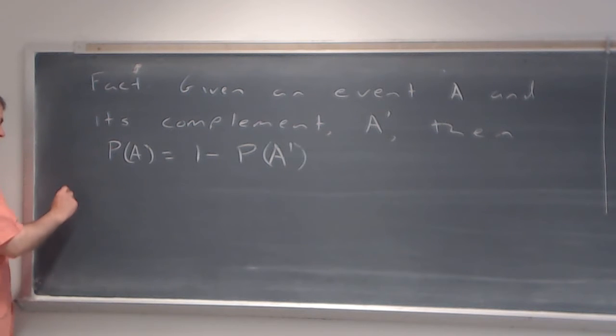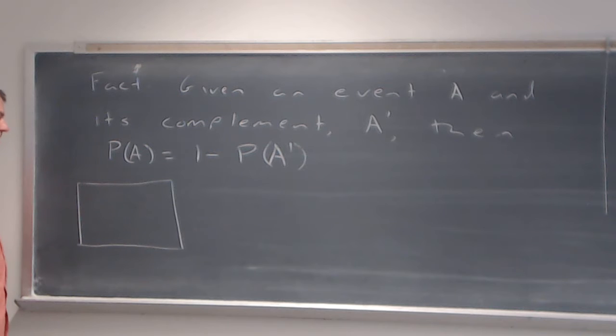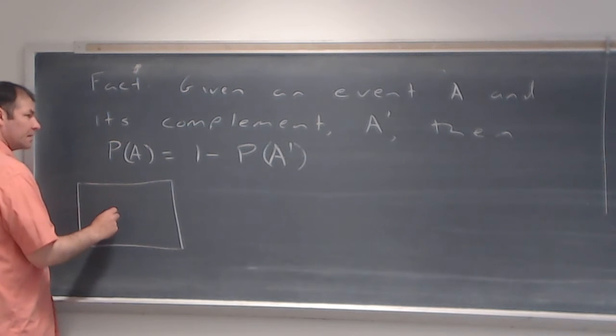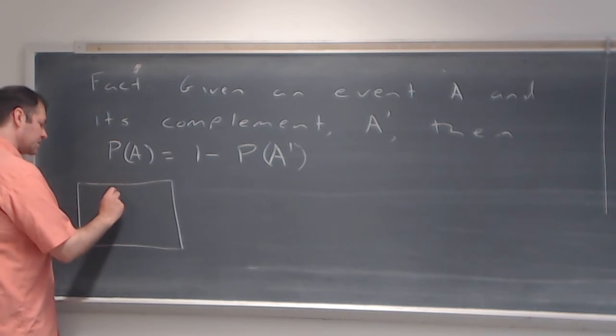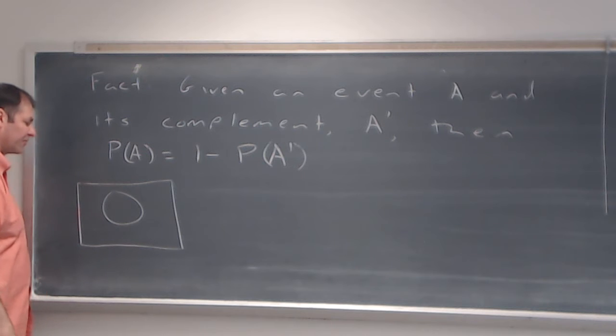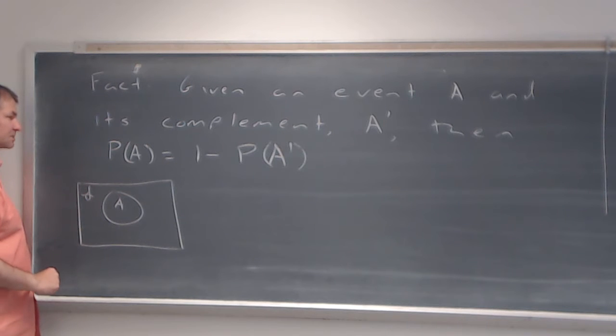We're going to do a proof of this, but a Venn diagram is a pictorial representation, we saw this last time, of set theory facts. Here we can use a Venn diagram in the probability setting. I think of this box as being the sample space.